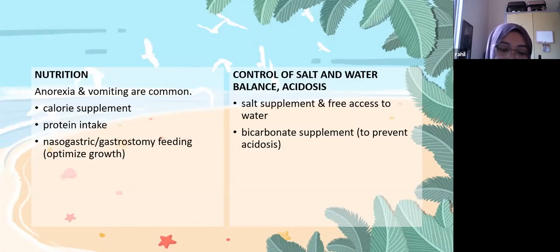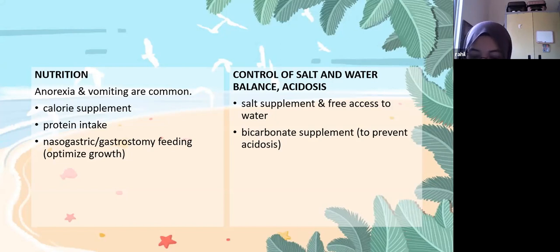Actually there is no definitive treatment of CKD, but we need to improve renal function in children. So what can be done is we need to treat the specific underlying disorder whenever possible. The first one is nutritional management, as anorexia and vomiting are very common in patients with CKD, so that when we give nutrition adequately, they will have energy for daily activities.